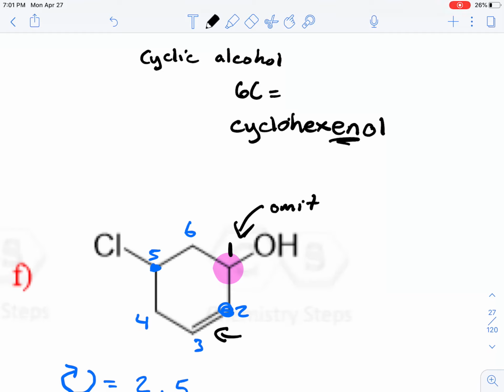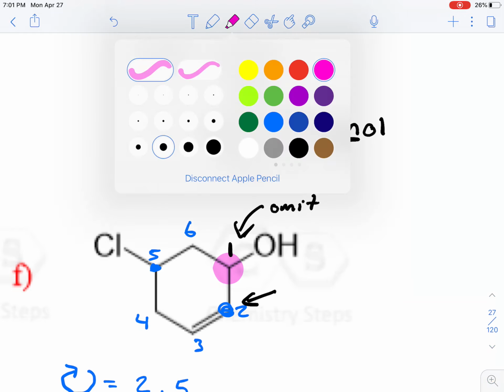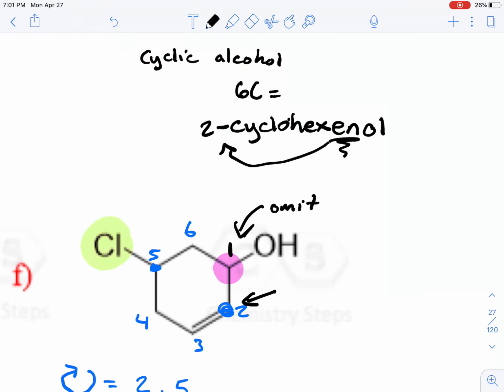But I need to tell the reader what carbon number my double bond starts. And so that can be demonstrated by putting a number right in front of cyclo. So this is going to be on carbon 2. So on carbon 2, that's where my double bond starts. And so the last thing that I need to identify here is the position of my chlorine. And so on the 5th carbon, it looks like I have a chlorine group.